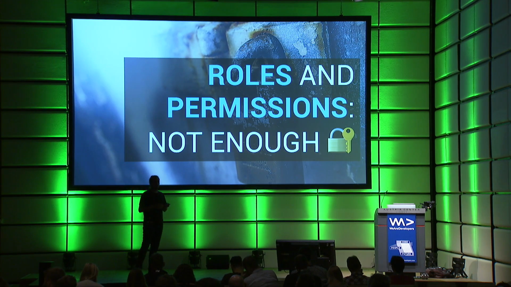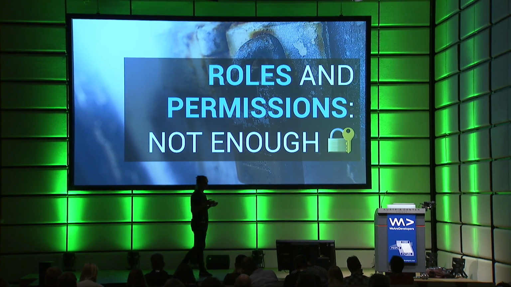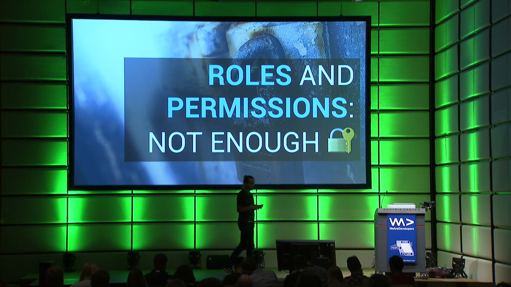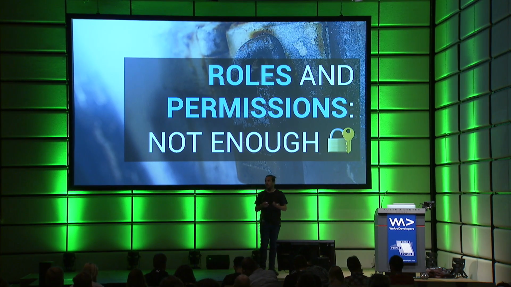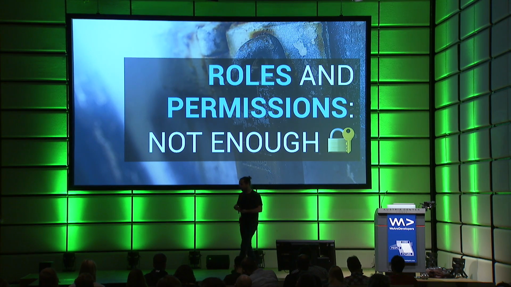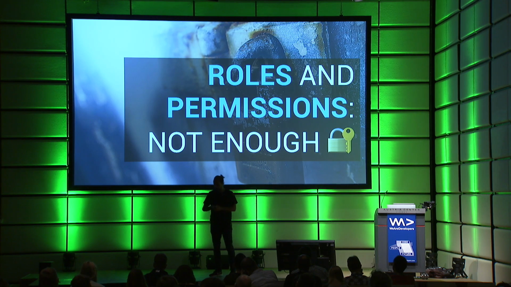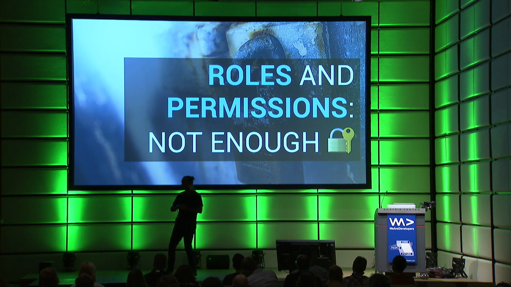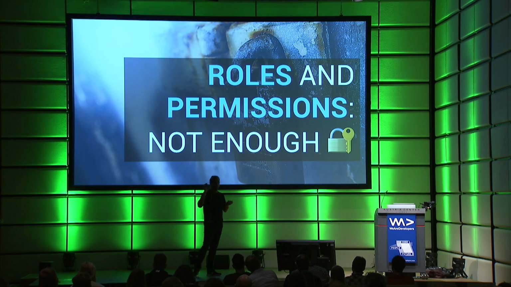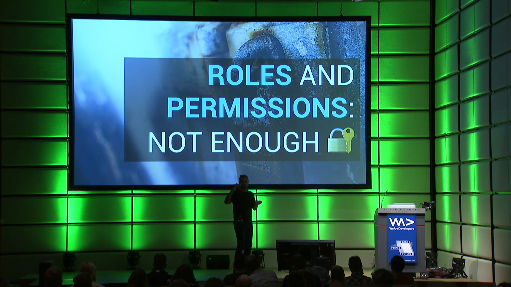Right? I'm thinking about things that are happening at runtime. Imagine that you're developing an intranet for a university, right? And a member of that university is assigned to different classes, and each class has a set of documents. So that member can access those documents based on belonging or not to a particular class.